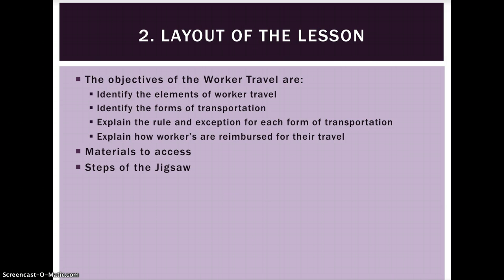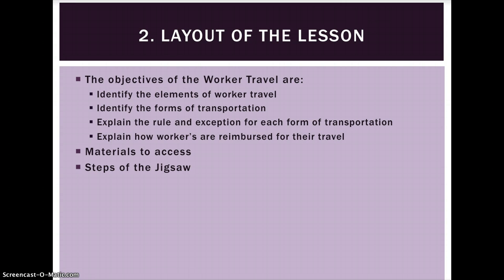Next, we have the layout of the lesson. In this step, the objectives of the lesson are explained to the students. They are advised of the materials and then the steps to carry out the activity.